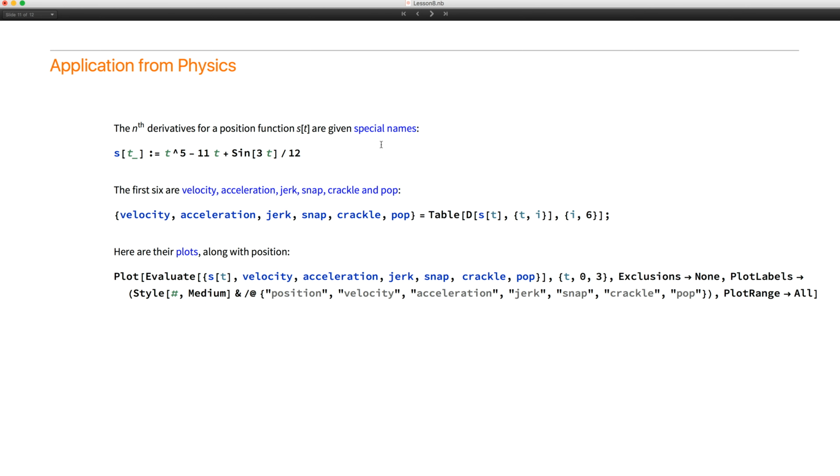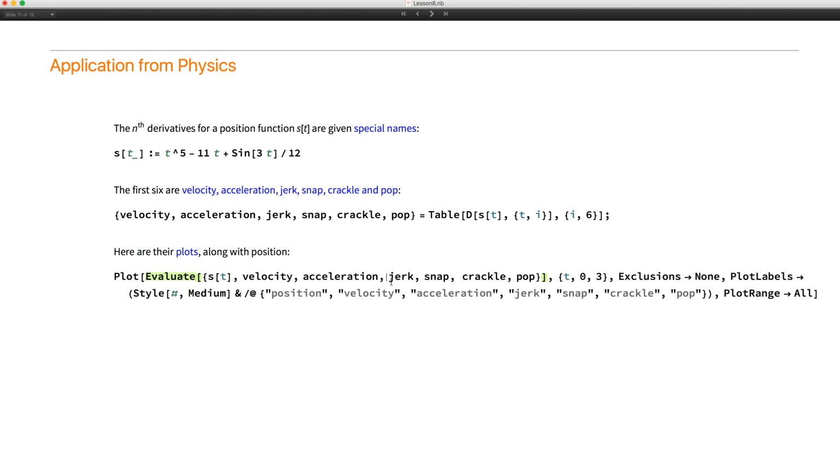Okay, now in physics, there are some special names for nth derivatives. So here's a position function, s of t. And if you work out the first 6 derivatives, they've got names. They are called the velocity, the acceleration, the jerk, snap, crackle, pop. That's first derivative, second derivative, third derivative, fourth, fifth, and sixth.